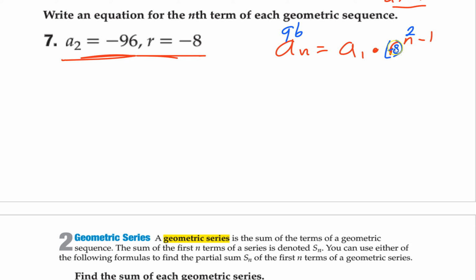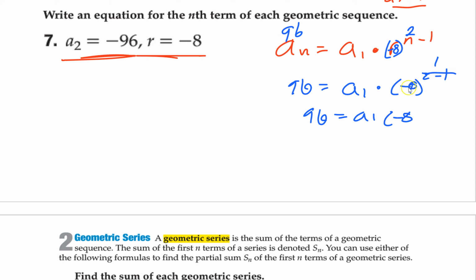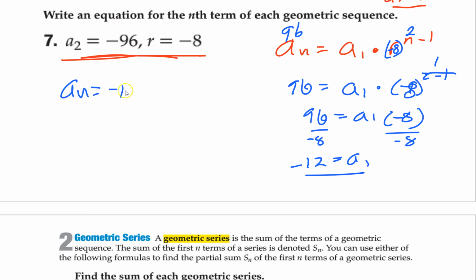So I get negative 96 equals A1 times negative 8 to the 2 minus 1. Negative 96 equals A1 times negative 8. Divide by negative 8, and I get A1 equals 12. Negative 12, actually. So my formula is going to be AN equals A1, which I just found, is negative 12, times R to the n minus 1.